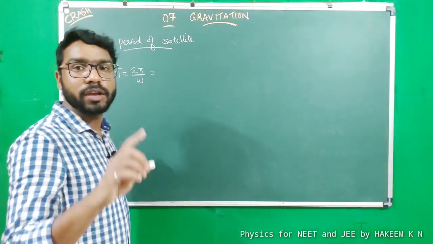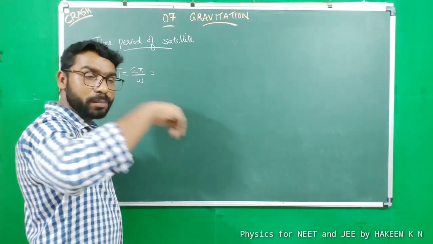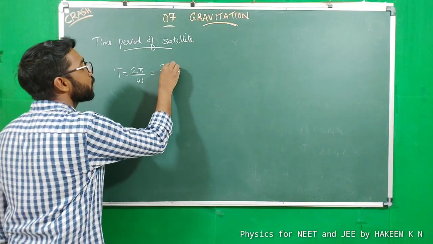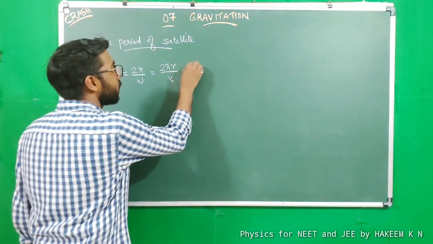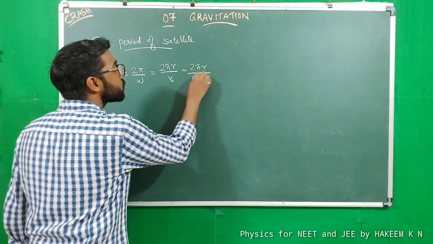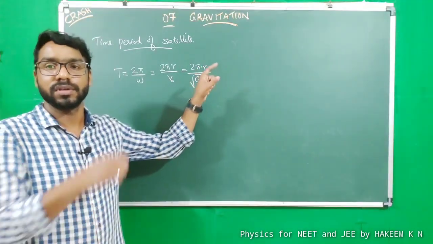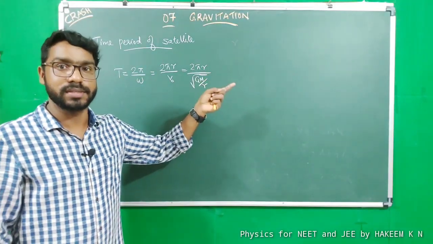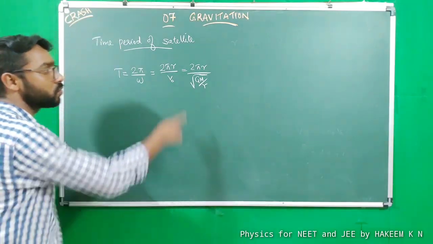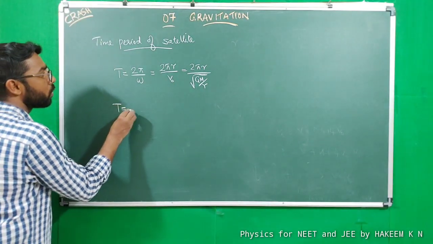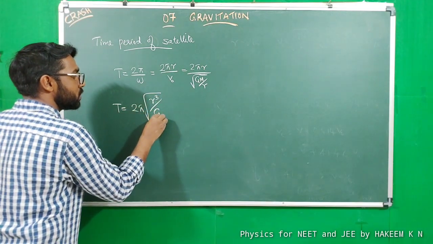We know that V equals R omega, then omega equals V by R, then 1 by omega equals R by V, so T is 2 pi R by V. For velocity we can give orbital velocity, root of GM by R, then we get 2 pi R by root of GM by R. R will go to the numerator, and inside there is a root R, so this R will go into the square root as R square into R. We get time period T equal to 2 pi root R cube by GM.